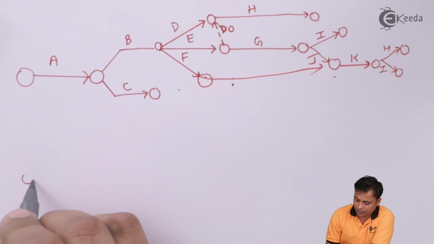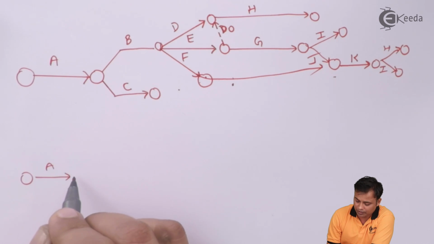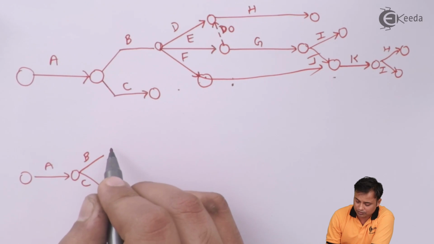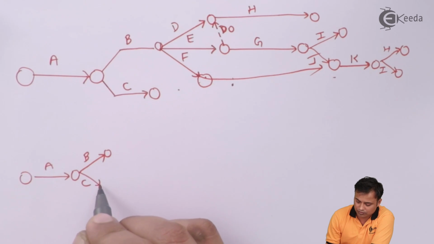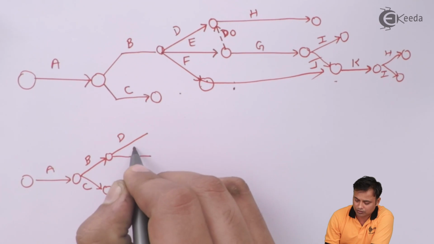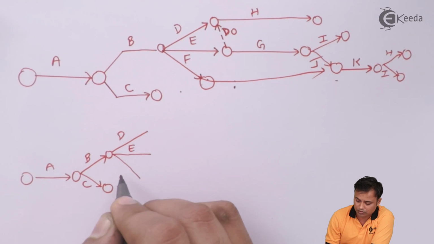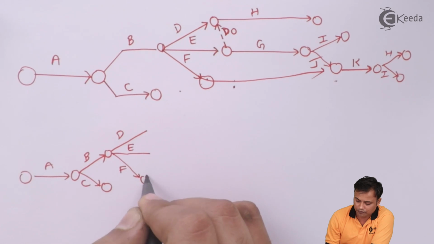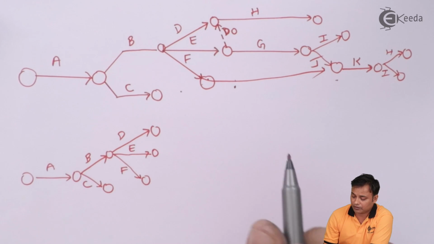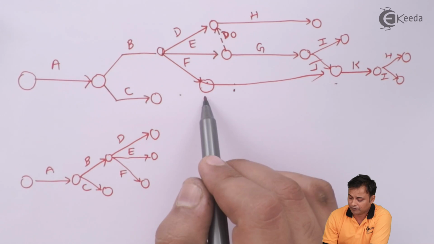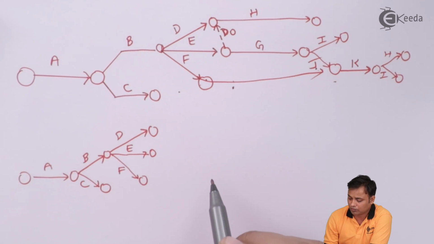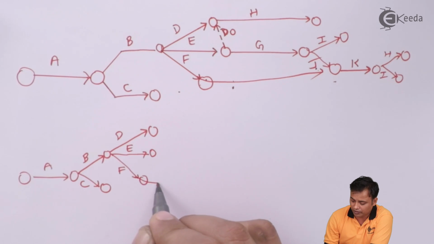L. Here is my diagram again. This is my A. After A comes B, after A comes C. Then I have got D, E and F. Then we draw from F, we need to join with J. F I need to extend more to get J, so we draw a rough one here again.